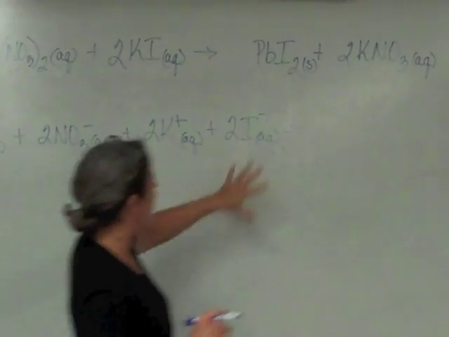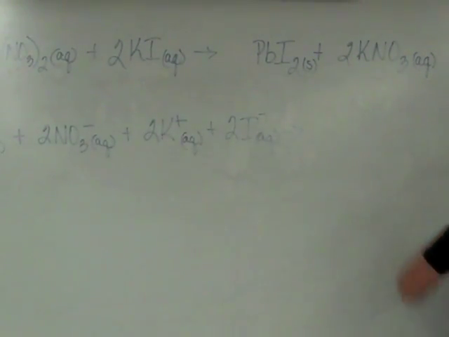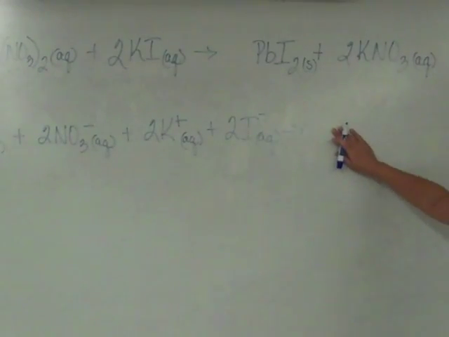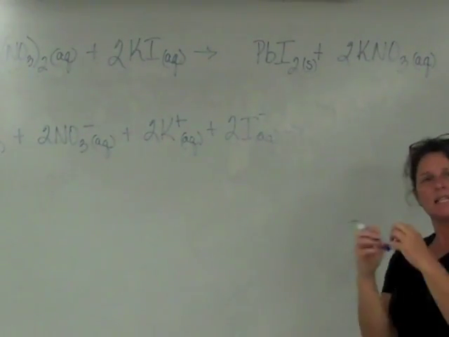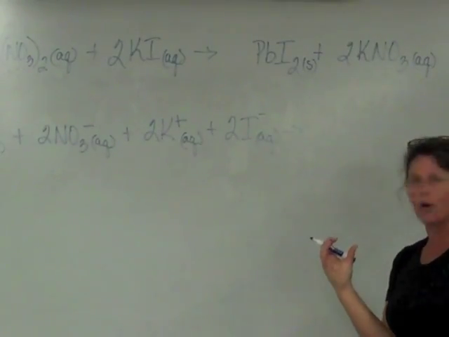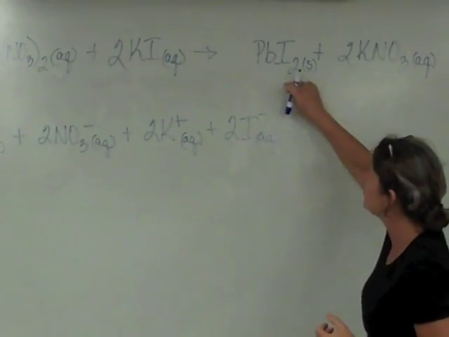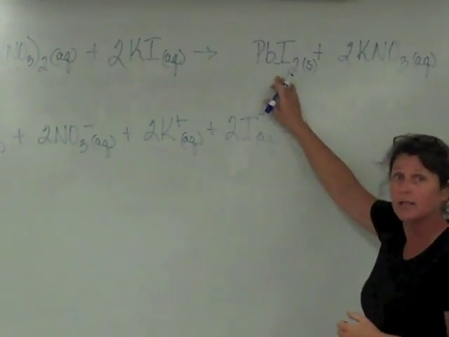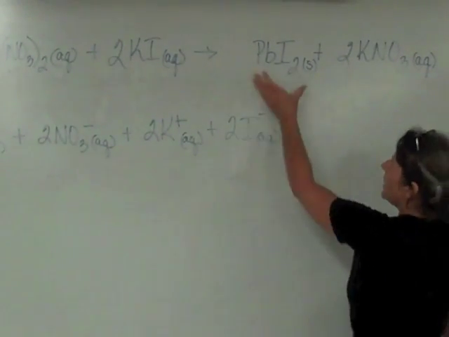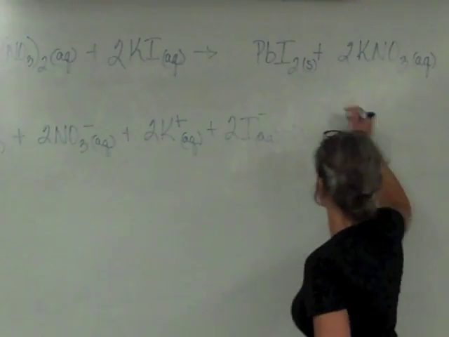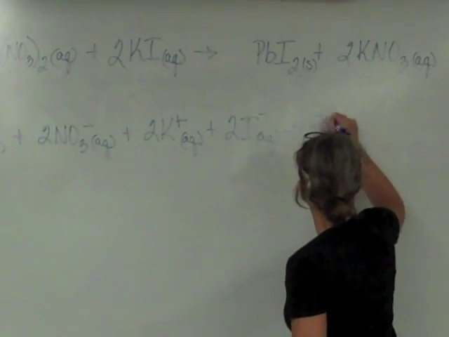And then we've got our products that we need to write. Now, this thing is a solid. So is it dissociated? No, it is not. It is together as a solid. So we're going to write it like that because at the molecular level, it's connected. PbI2.